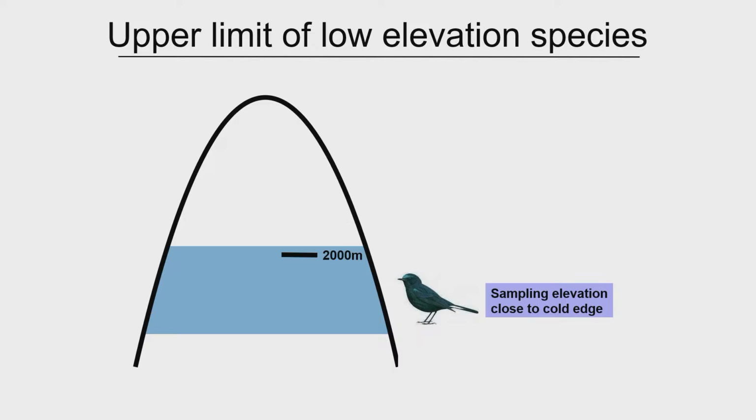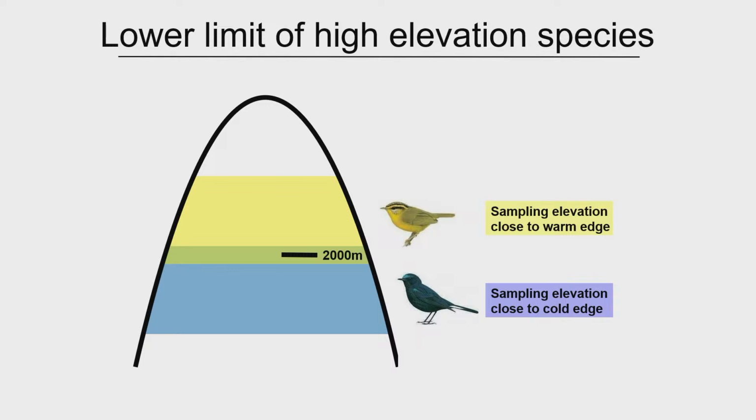At 2,000 meters, we have two kinds of birds. One group of species is generally found at lower elevations, and the upper limit of their range is at 2,000. The other kind is birds that are generally found higher than 2,000, but the lower limit of their range is at 2,000 meters.